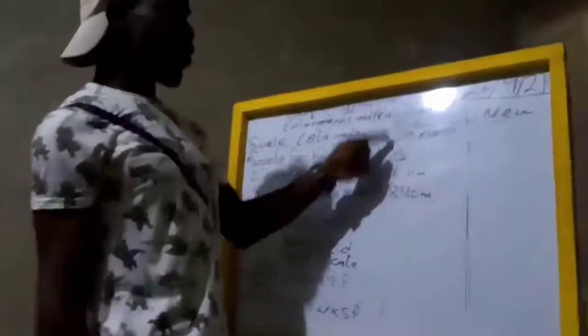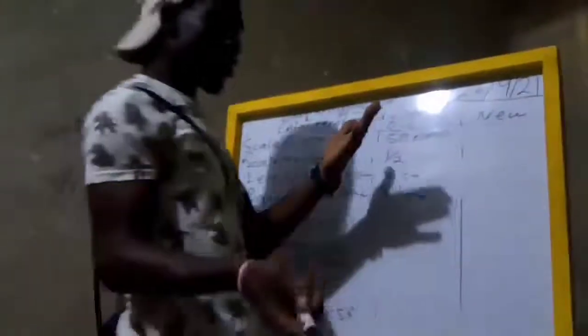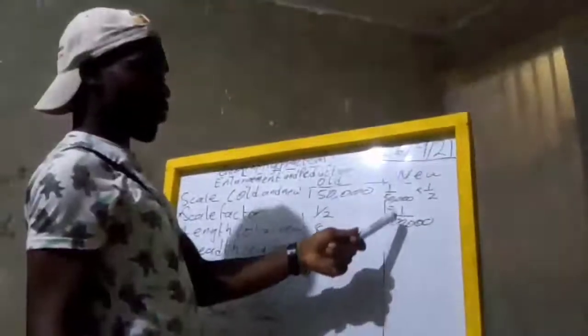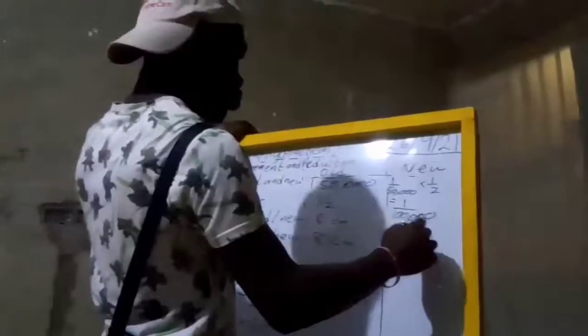So the scale 1:50,000 in fraction form becomes what? 1/50,000 times 1/2. 1 times 1, 1. 2 times 50,000, giving us 100,000. Okay, so that's our new scale. 1/100,000, 1:100,000.